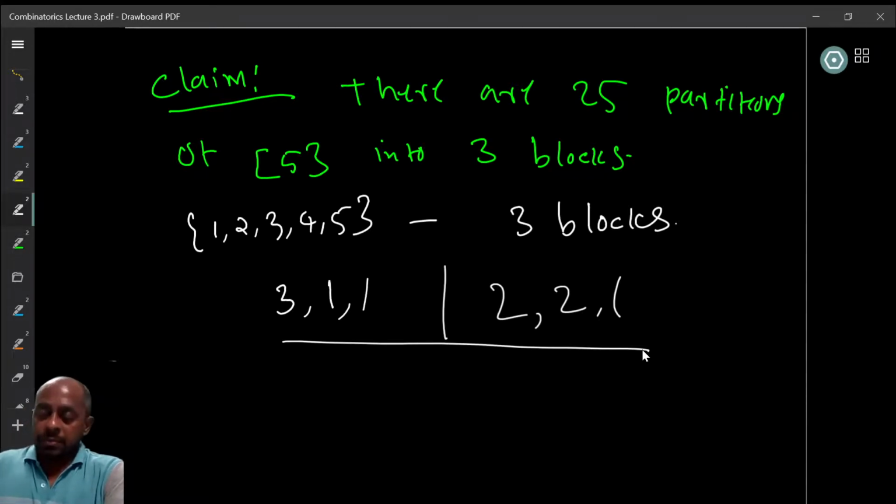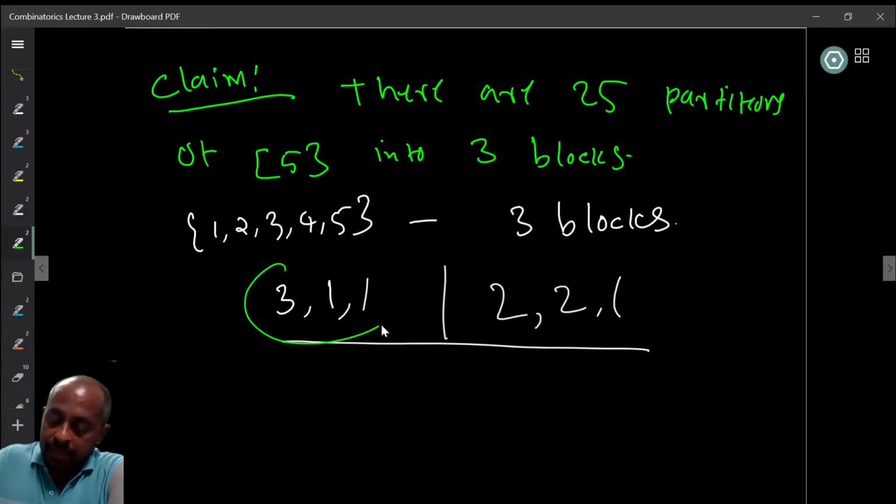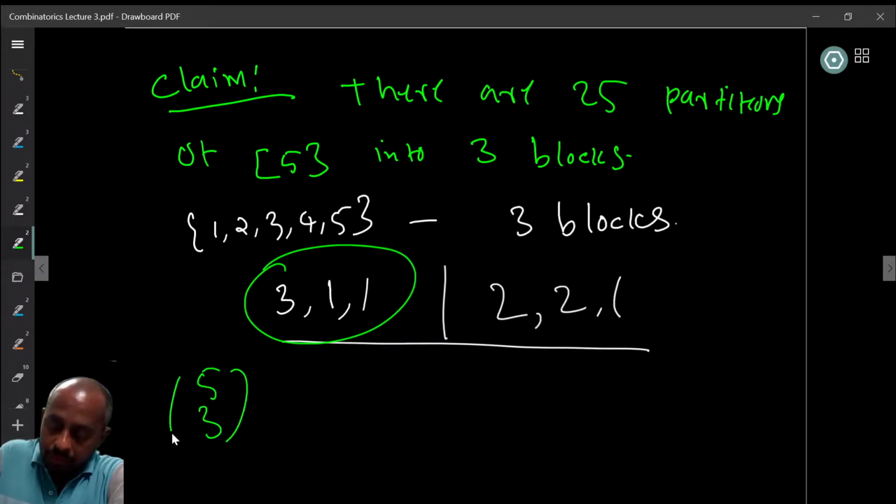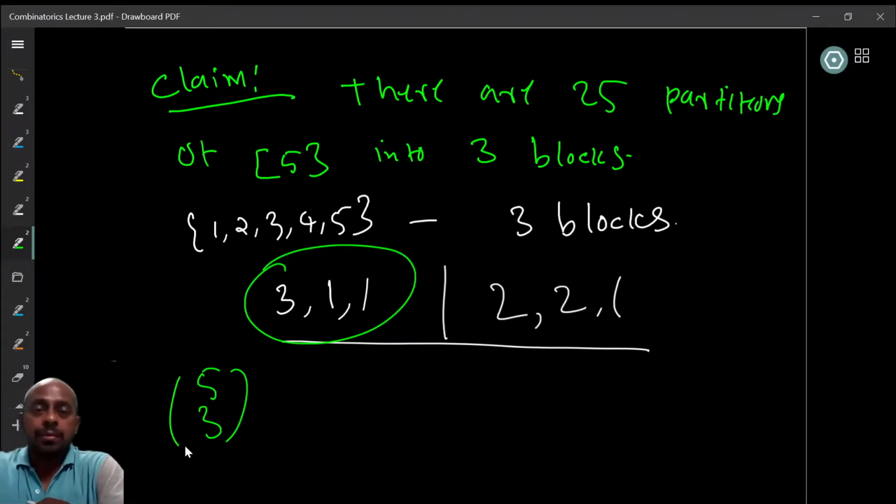Now, let's concentrate on the 3, 1, 1 case. Suppose you select a 3 element subset from the 5 elements. How many ways can you do this? You can do it in 5 choose 3 ways.